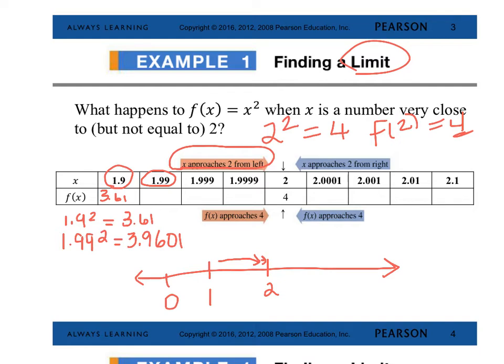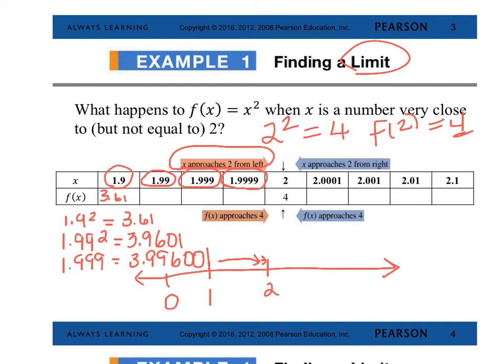So again, moving a little closer still, what if we went to 1.999, 1 999 thousandths? If you square 1.999, what you'll actually get is 3.99601. And if you move even closer to 1.9999, 1 and 9,999 ten-thousandths, 1 10,000th away from 2, which is pretty close.